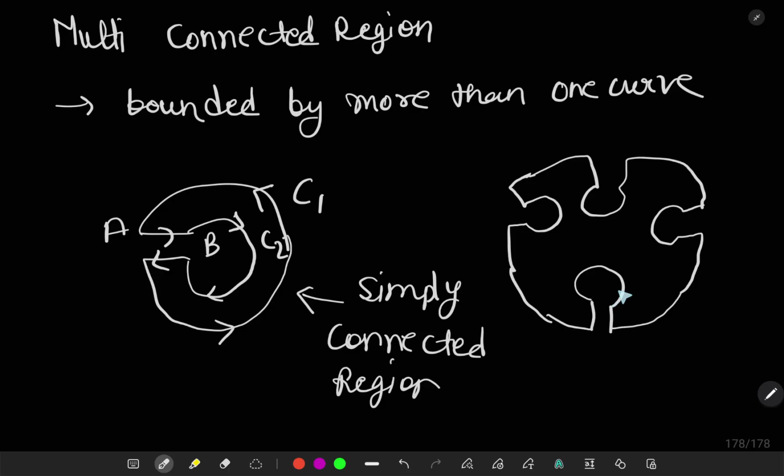This is curve C1 and this is C2. Here this is curve C3, this is curve C4 and this is curve C5.